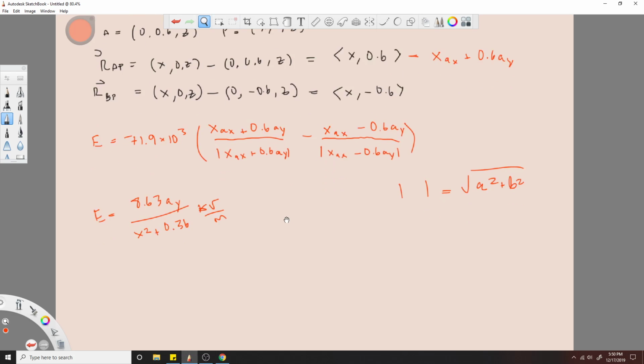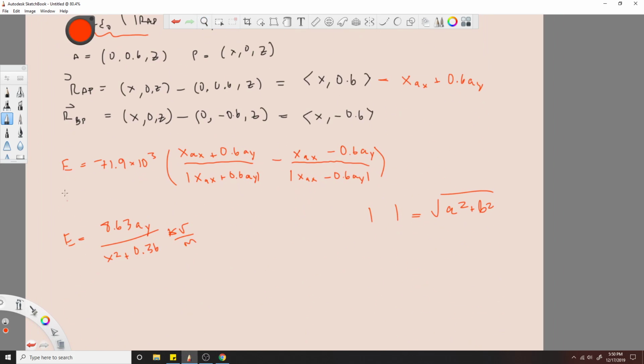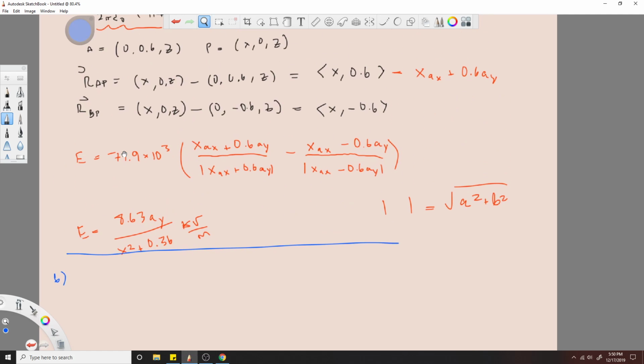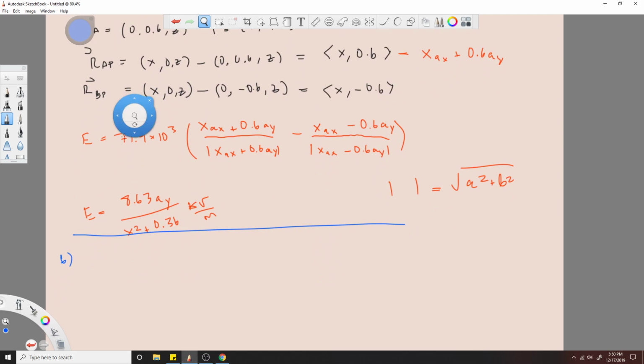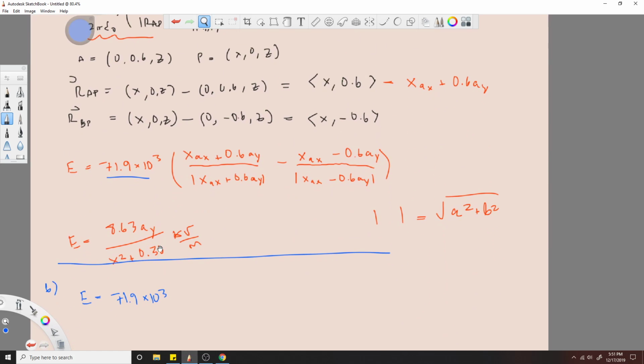And then for part B, let's do part B now. It basically wants the same thing, but now at some point Q instead of P. So you don't even really have to start the whole problem over. You can still use this equation that we found earlier. I'm just going to use this value because it's the same thing. Don't get confused, it's just the rho L over 2 pi epsilon naught number.